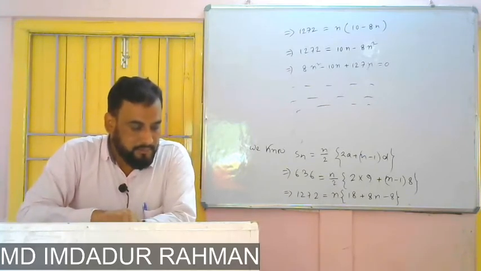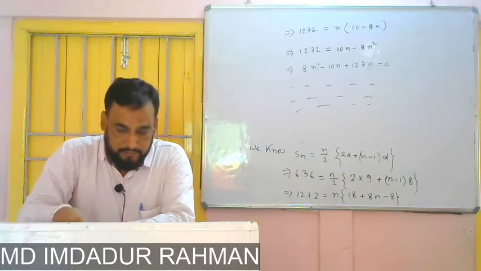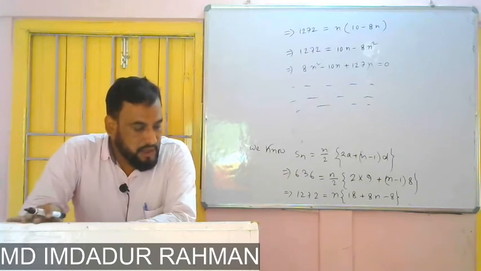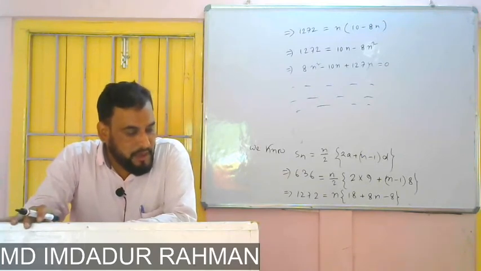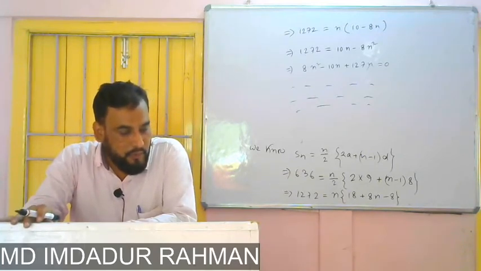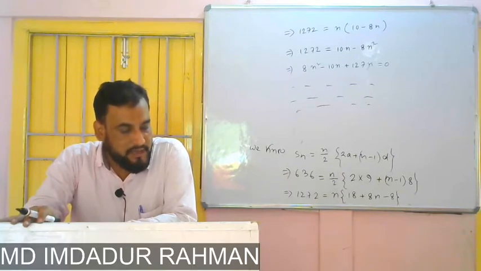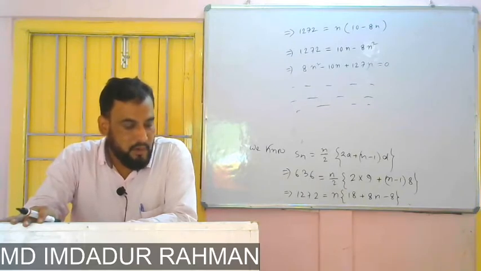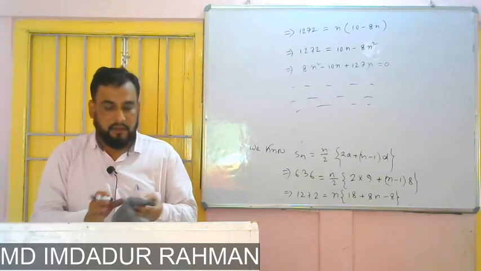Question number 10. Show that a1, a2, up to an form an AP where an is defined as below. an is equal to 3 plus 4n. Okay? 3 plus 4n.